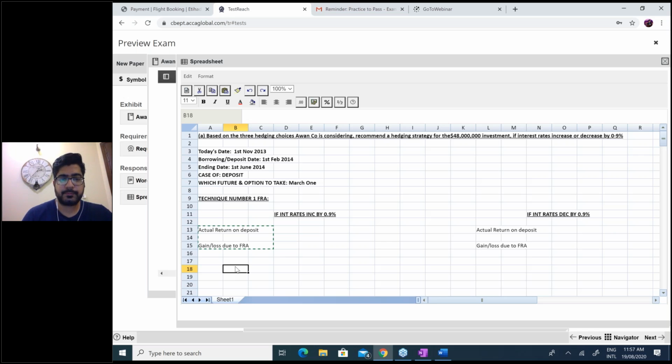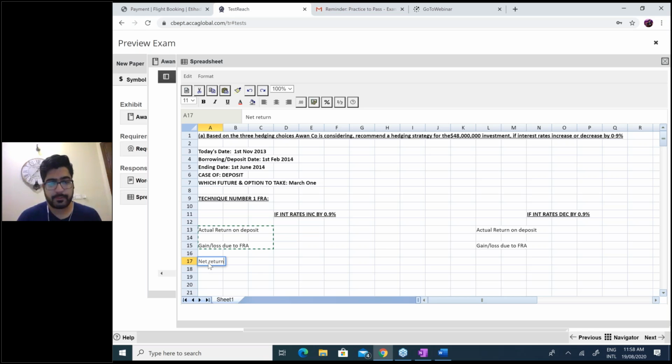So let's start. So what happens is, if interest rates increase by 0.9 and decrease by 0.9, you have to mention two things in FRA: actual return on deposit and gain loss due to FRA to get net cost or return.